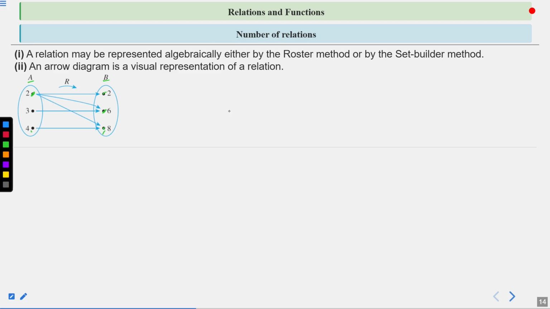So this is your arrow diagram representation. In roster form, you will write (2,2), (2,6), (2,8), (3,6), (4,8). Clear? This is the domain set of your relation R. This is your codomain set, and all related elements from this codomain set will be your range set. Here, especially, this is a case where the range set is the same as the codomain set. Clear?